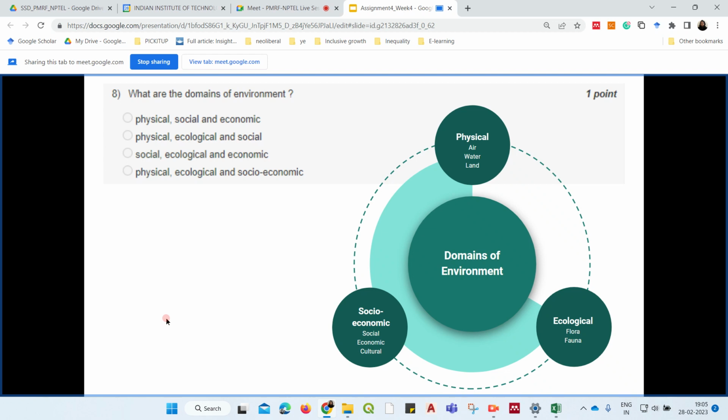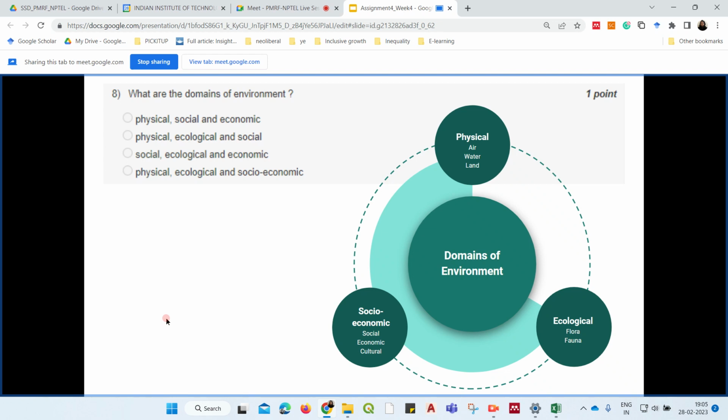And then comes the socio-economic domain. Within the framework of the physical and ecological domains, there are several social, economic and cultural systems which exist. Not only social in terms of humans, there are several social groups or social behaviors that are seen in plant and animal life forms as well.